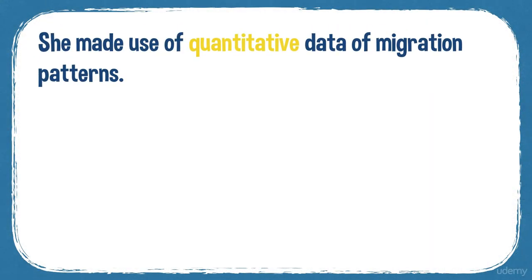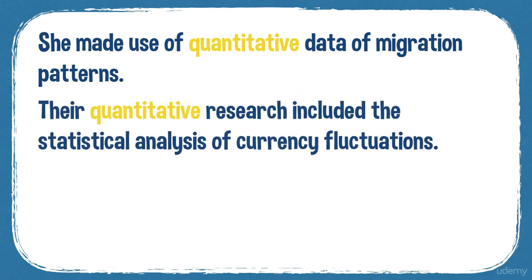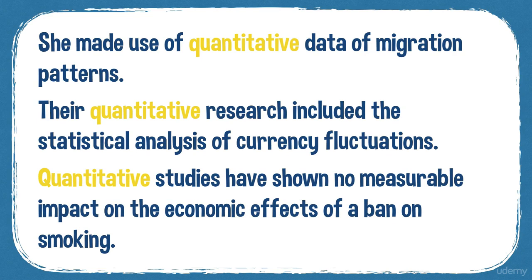So, for example, she made use of quantitative data of migration patterns. Their quantitative research included the statistical analysis of currency fluctuations. Quantitative studies have shown no measurable impact on the economic effects of a ban on smoking.